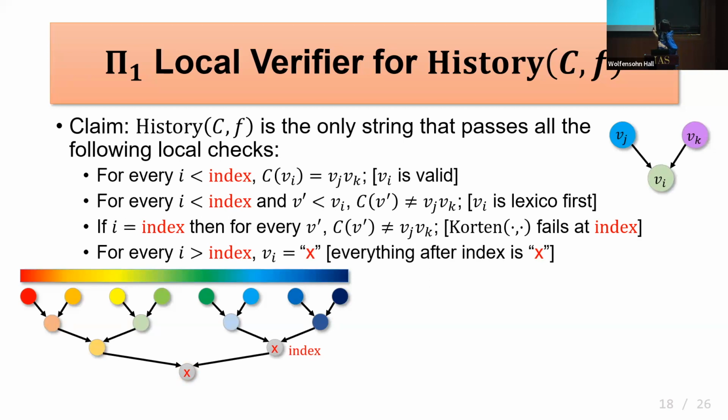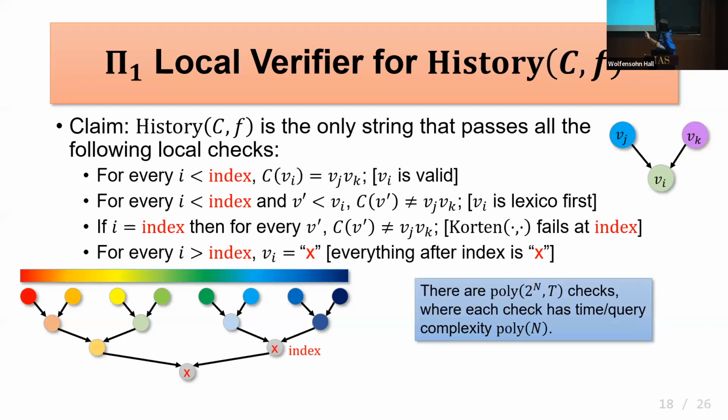We claim that the history of C,f is the only string that passes this group of local checks, and I think this claim is not hard to see. What does a Pi-1 local verifier mean? We have exponentially many checks, right? Think of capital T as maybe exponential in n, and we have polynomial in 2^n checks, because we need to check for every index and every possible preimage.